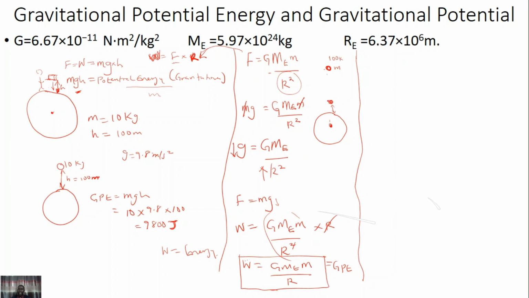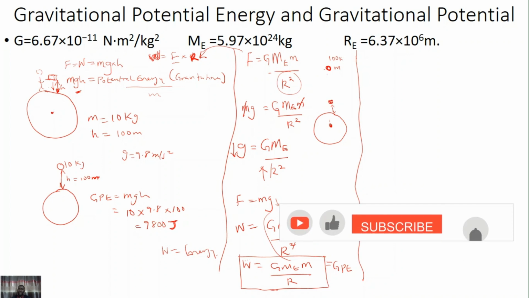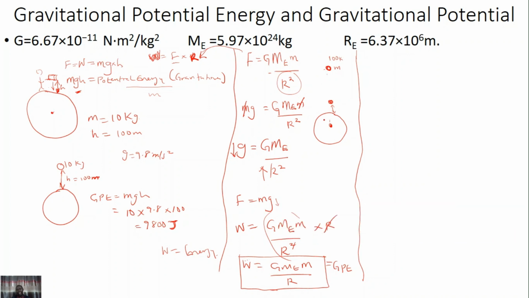The reason why it is negative is because as you move the body away from the earth towards infinity, the force of attraction between the earth and the body reduces. So it will get to a time where the gravitational potential energy will be zero.